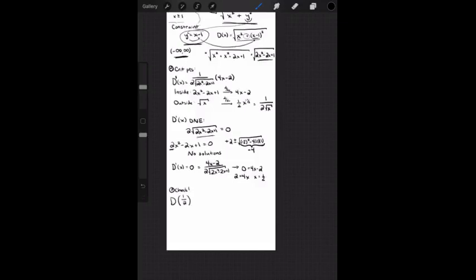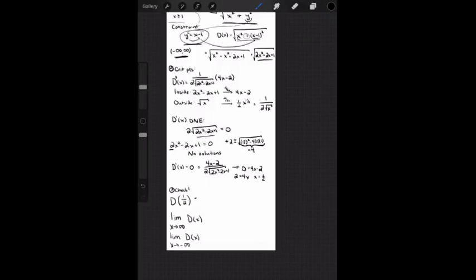And then looking at this interval that we got, or the fact that we don't have a real interval, however you want to think about it, then we need to think about the limit as x goes to infinity of d of x, and the limit as x goes to negative infinity of d of x.